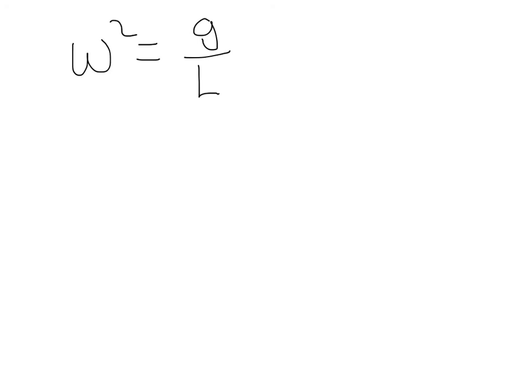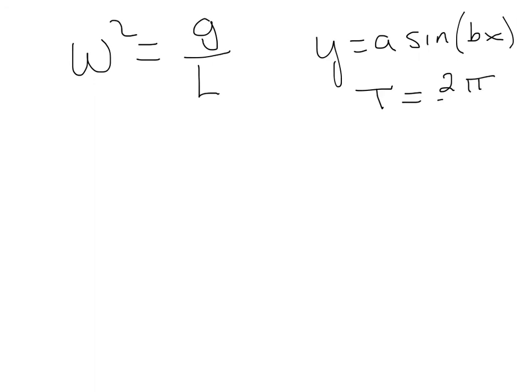Now, back to our sinusoid in the old y equals a sine bx world without that other stuff. We always said that the period is equal to 2 pi over b, right out of pre-calc.